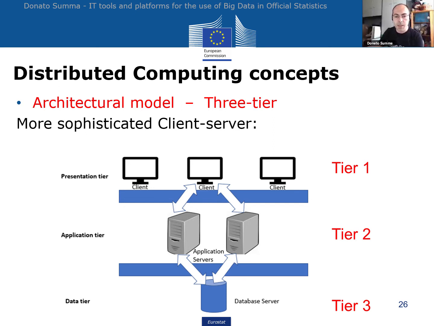This means that, for example, the clients send requests to a server, and the server or servers that are responsible for providing resources do not provide them directly, but in order to provide the final result to the client, they also have to interact with other servers, with other nodes of the distributed system.